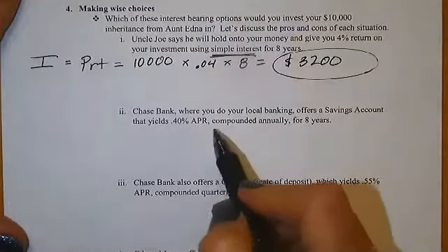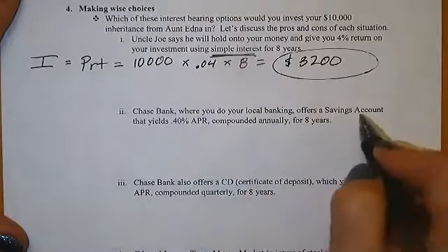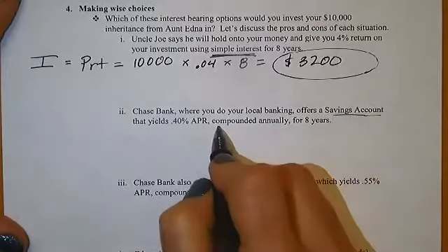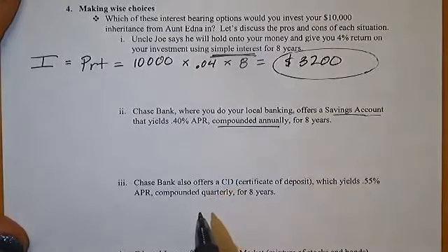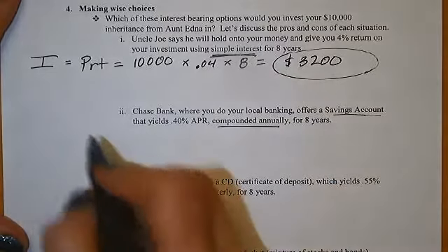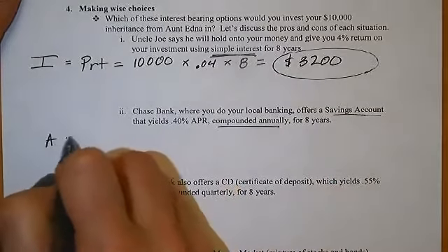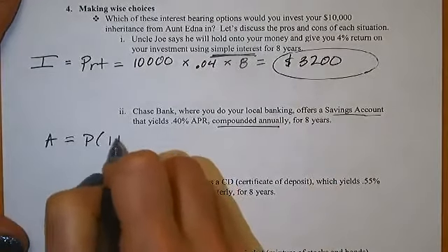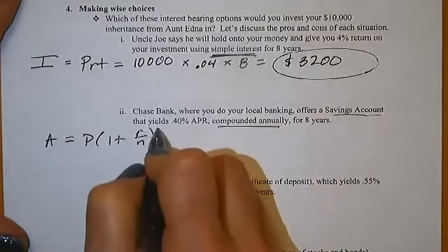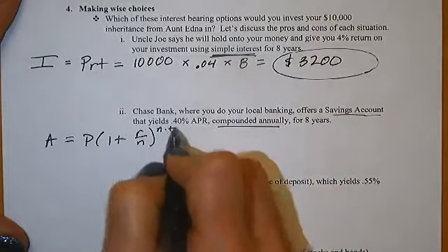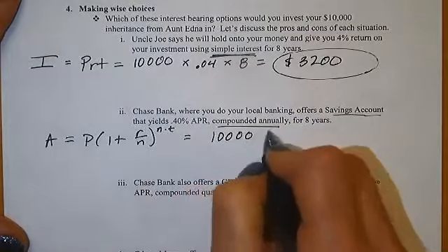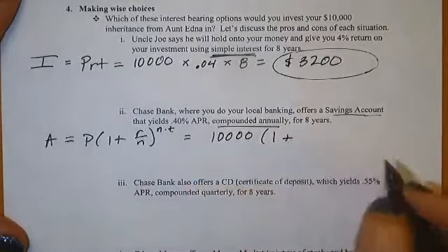Chase Bank, where you do your local banking, has a savings account. And this is a compounding account. So we're going to find our future balance, which is equal to P times 1 plus R over N to the N times T power. So we're going to save $10,000 times 1 plus the interest rate.